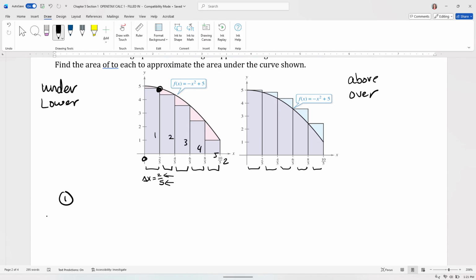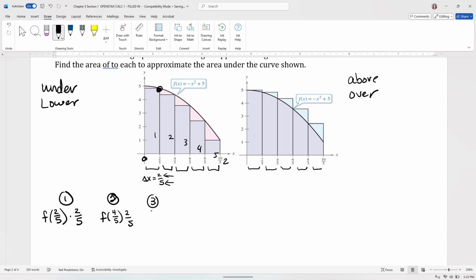So the height for the first one is calculated by doing f of 2/5. Area of a rectangle is height times width, and the width is 2/5. For the second rectangle, the height is f of 4/5, and the width is 2/5.